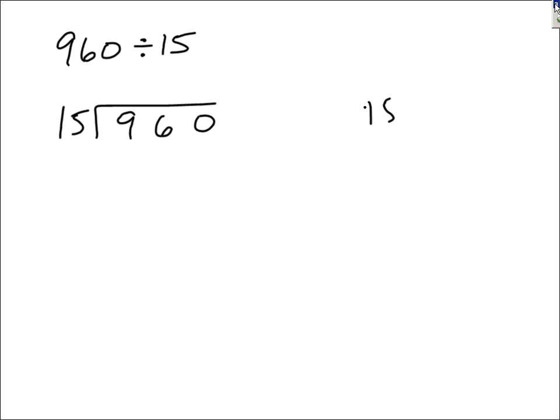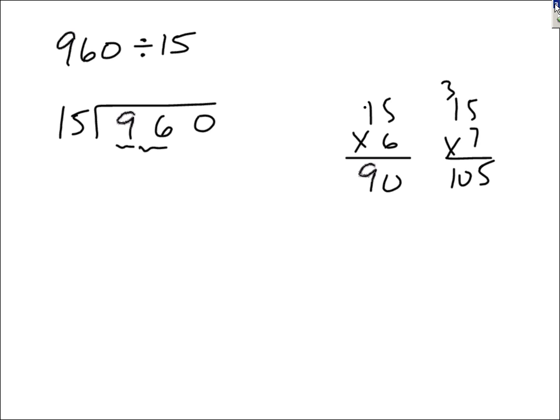And for example, 15 times 6 is 90. 15 doesn't go into 9, but it'll go into 96. 15 times 7 is going to be bigger than what we want. It's going to be bigger than 96. So the largest thing you can multiply 15 by and get less than 96 or even equal to 96 is 6. 15 times 6 is 90.